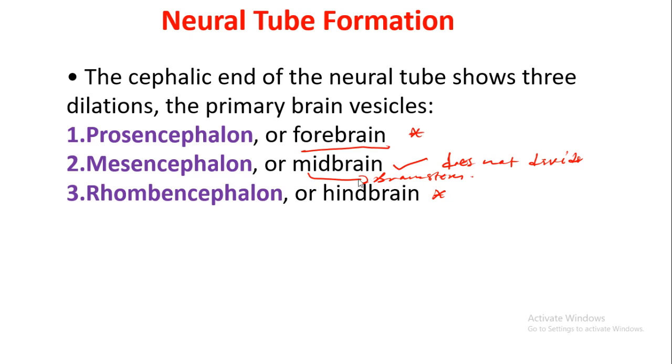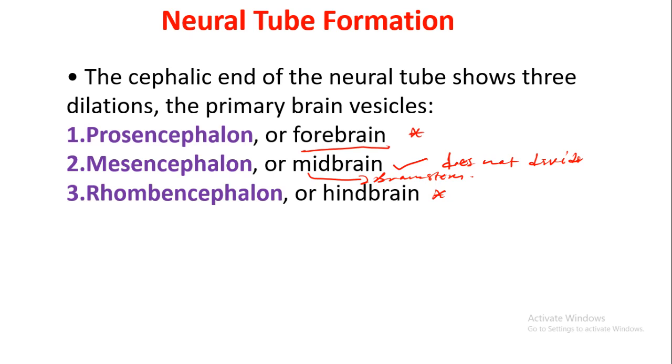because sometimes the formation of the brain can be classified into two. So remember that the prosencephalon is capable of dividing. The rhombencephalon is also capable of dividing. That's why we talked about the telencephalon and also the diencephalon.